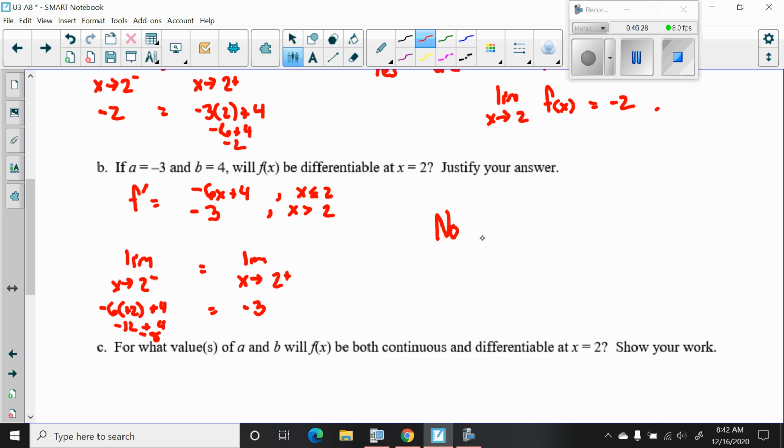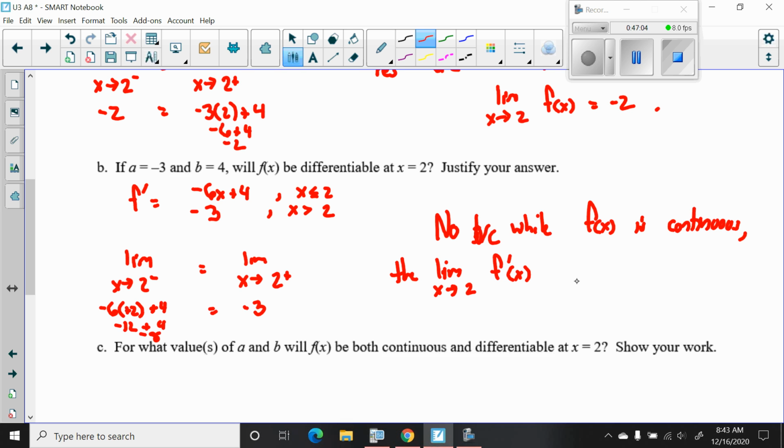So no, because while f of x is continuous, the limit as x approaches 2 of f prime of x does not exist.